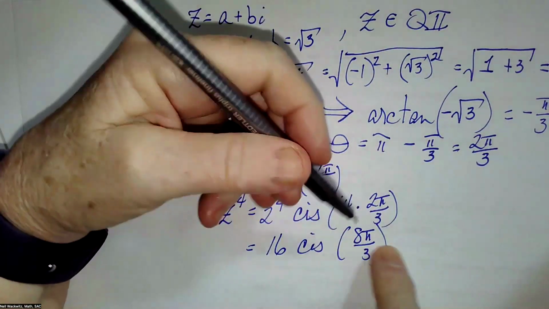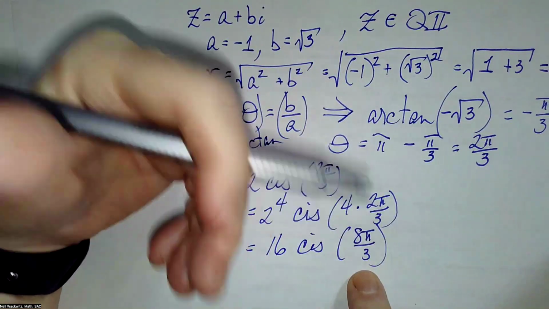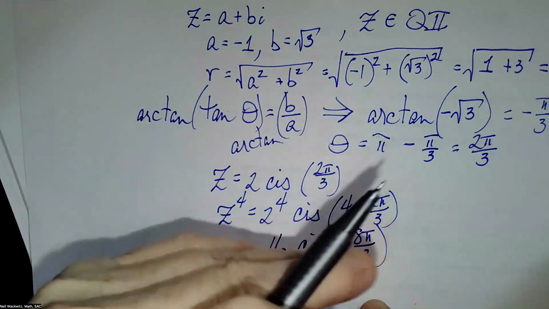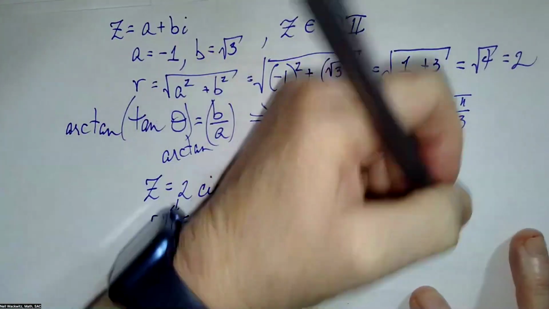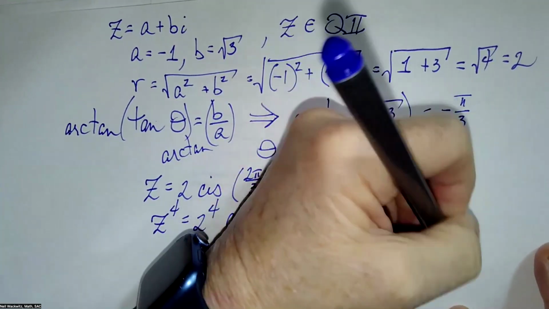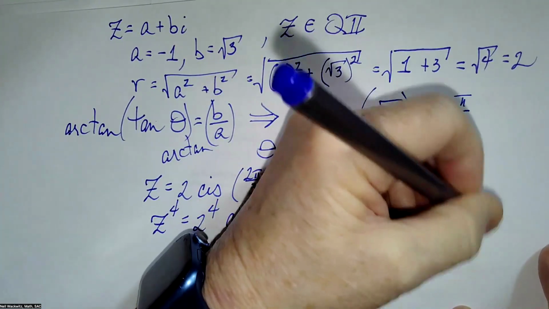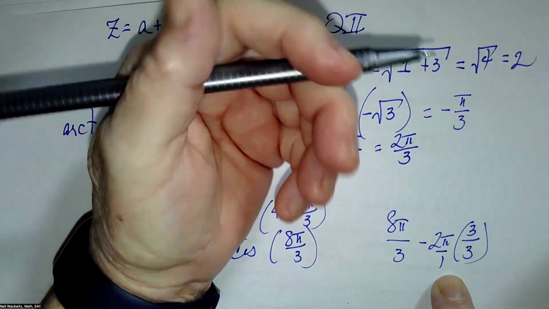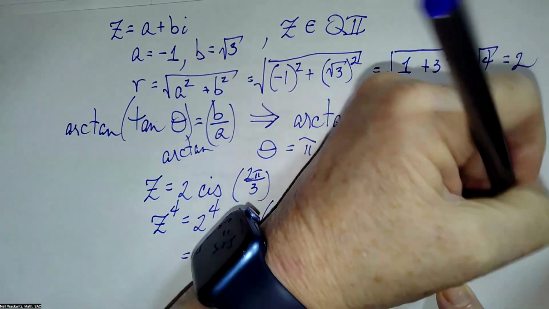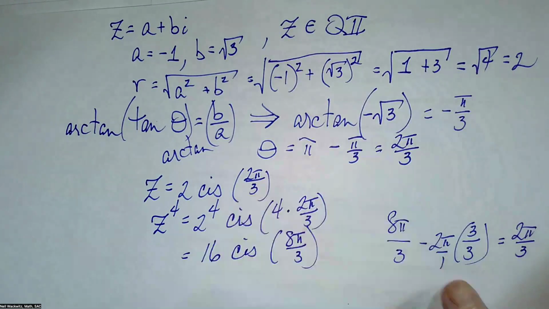And let's see, 8 pi over 3, that's bigger than 2 pi. So 8 pi over 3 minus 2 pi, so 8 pi over 3 minus 6 pi over 3 is 2 pi over 3.